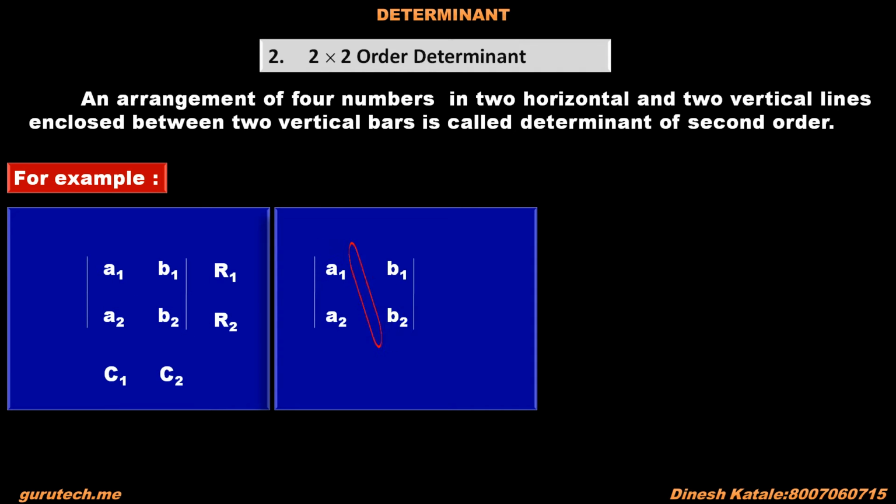In this determinant, the numbers a1 and b2 lying in one diagonal known as principal diagonal. The numbers a2 and b1 are lying in second diagonal known as secondary diagonal.